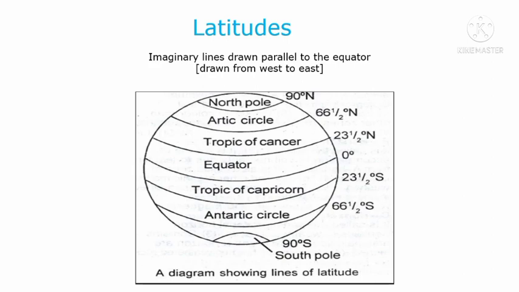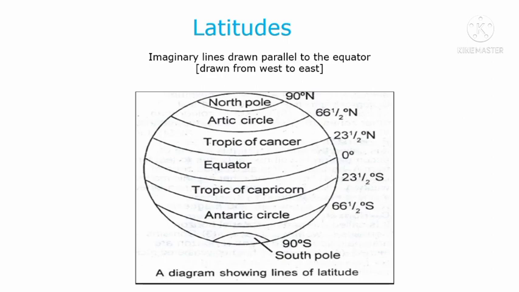So the important latitudes among them are shown in the figure. Those are Tropic of Cancer, Arctic Circle, Tropic of Capricorn and Antarctic Circle. Here the part above the equator is termed as North part and the part below the equator is termed as South Pole or South part.